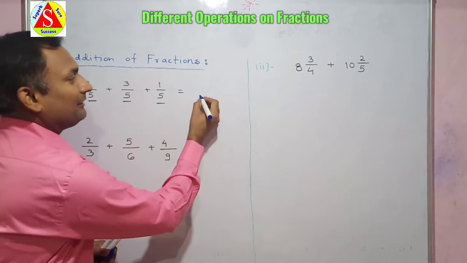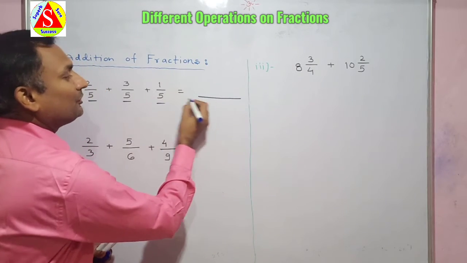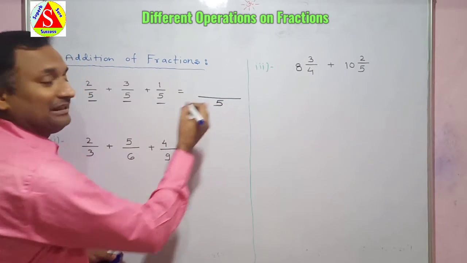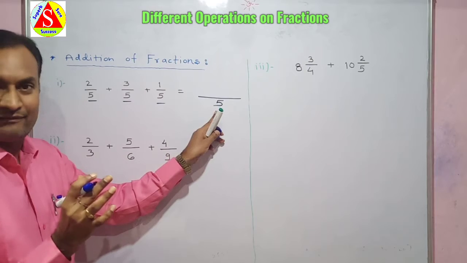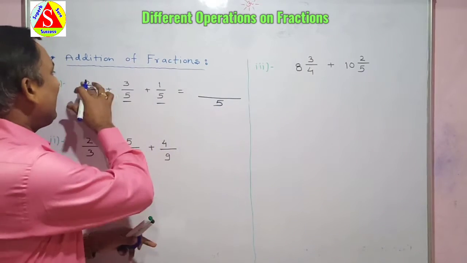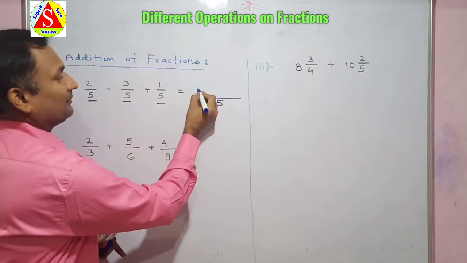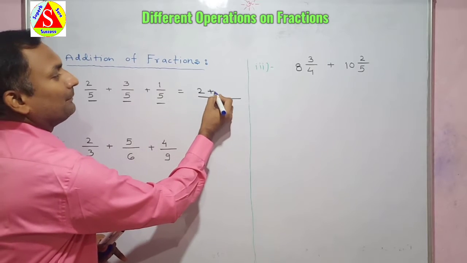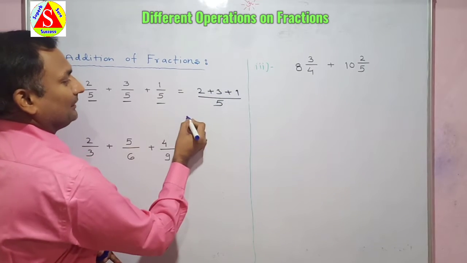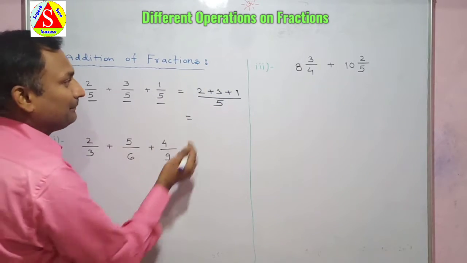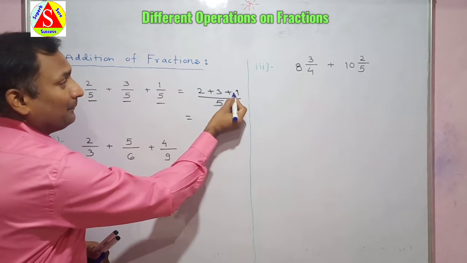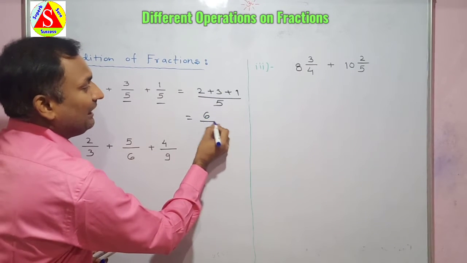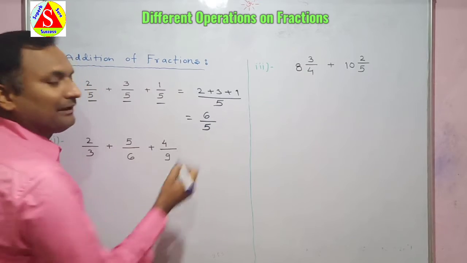So when we simplify it, we write the same denominator, here it is 5, and simply add all the numerator terms. So here we will have 2 plus 3 plus 1, which is 6, and in the denominator 5.